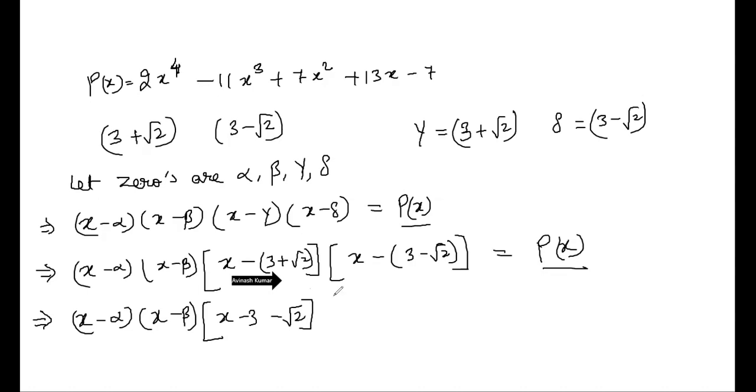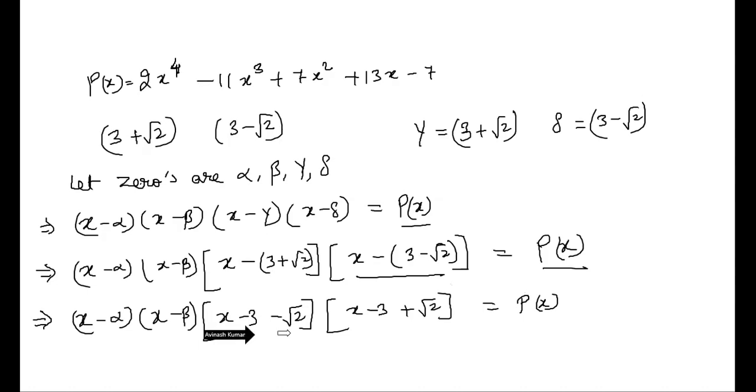And when you open the bracket here, it becomes x minus 3 plus root 2, is equal to px. Any problem? No, sir. Now, if you see x minus 3 and x minus 3, can we consider this one as one term? Yes, we can consider this as one term.